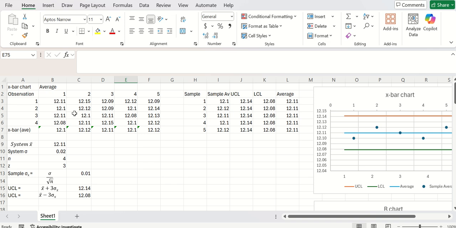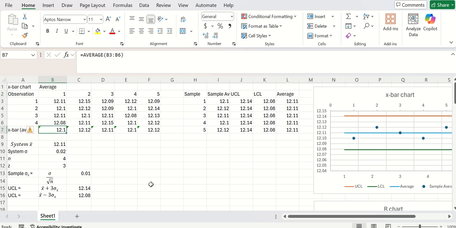In this case, we have 5 different samples, or 5 different days, if you will. On the 5 different days, we have sampled 4 different items. Say we were looking at the number of fluid ounces in a soda being put into a can. Every day we sample 4 times, and we come up with the average for that day.